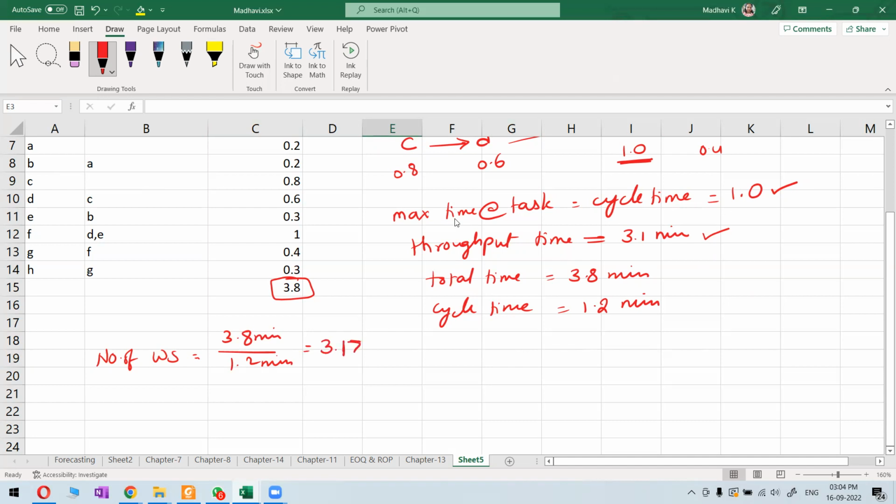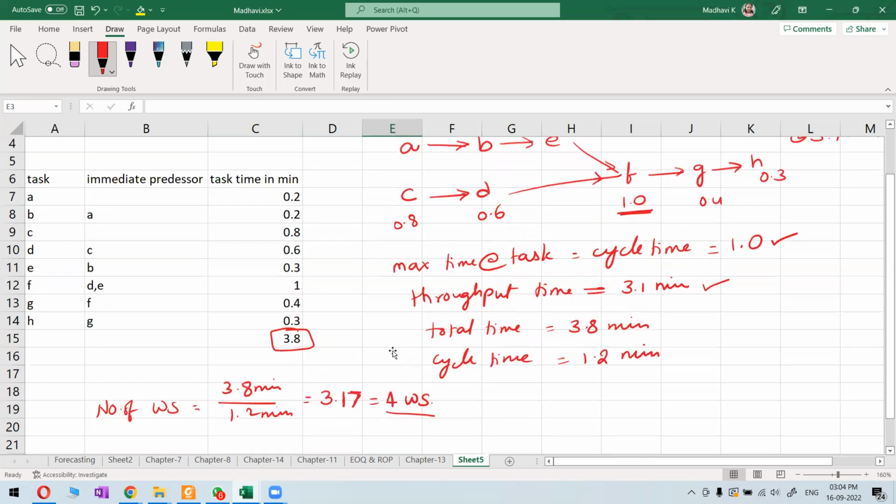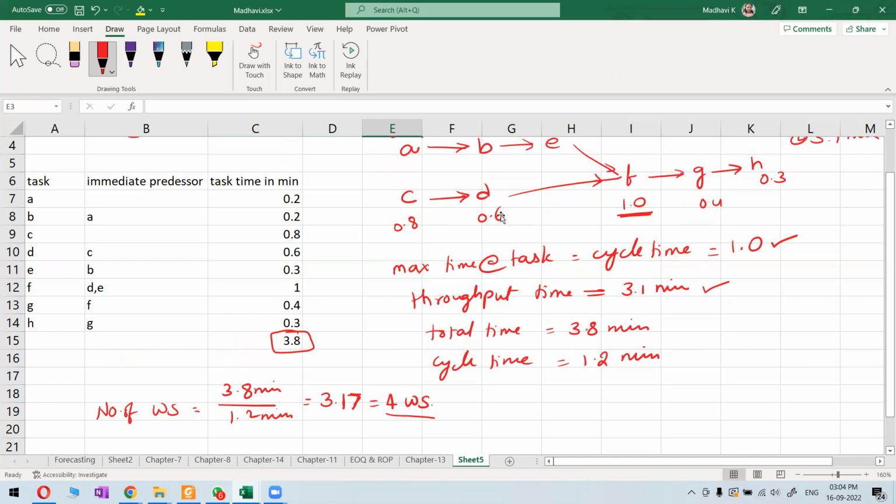We cannot have 3.17 stations, so we round it off to the next whole number, which is 4 workstations. This gives a rough indication that we would need 4 workstations. Followed by that, now we have to design the time taken for this.